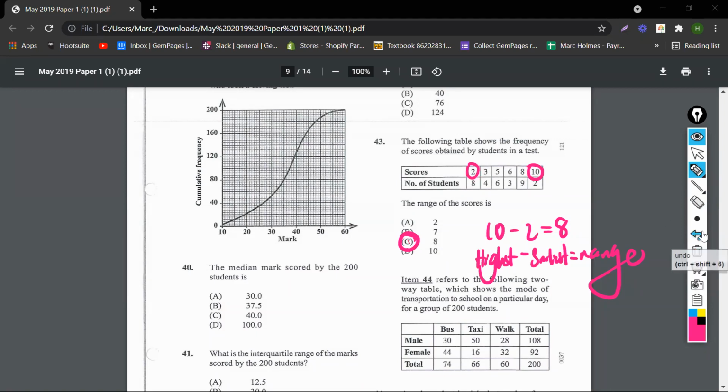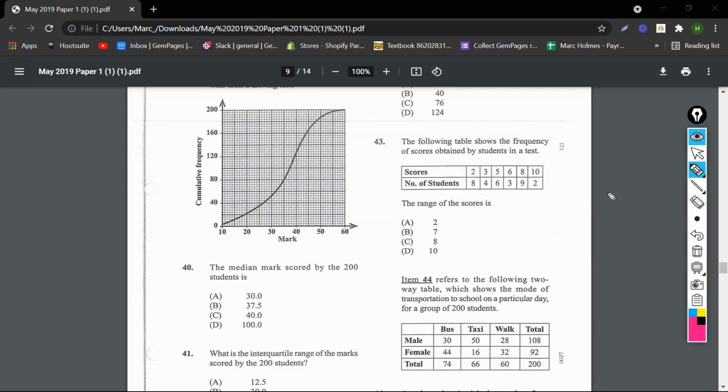Not really much of a cheat trick still. If you didn't know what the range was, it would be hard. But you do know it's just the highest score minus the smallest, guys. That's all the range is. Cool. So boom, moving on.